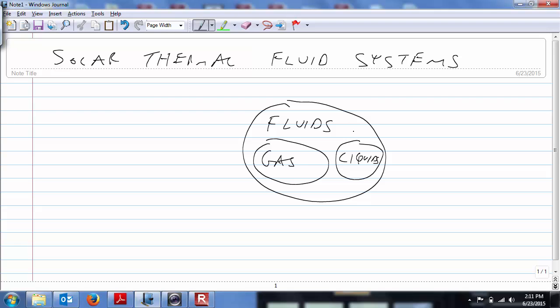I don't think there's anything outside of that Venn diagram, but within gases you could have air, you could have steam, etc. Here you could have water, oil, but they're all called fluids. So that's a specific language.